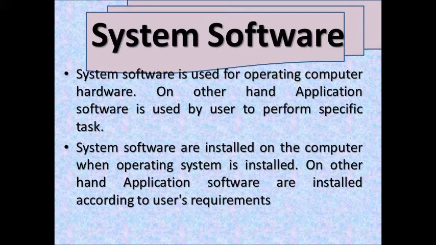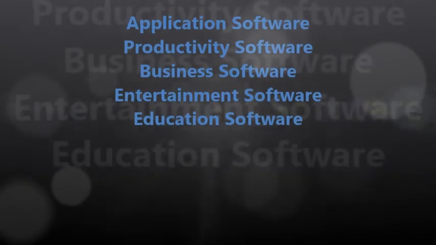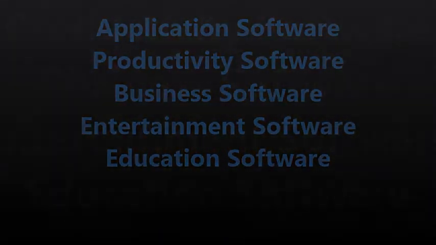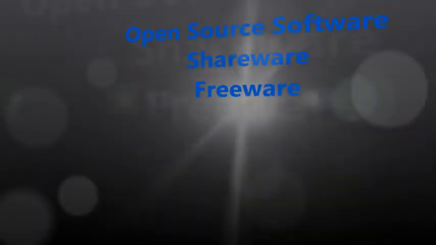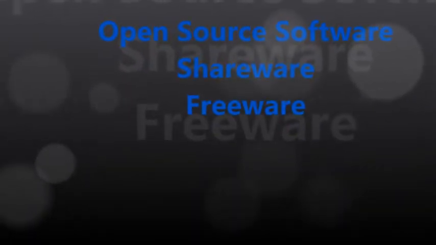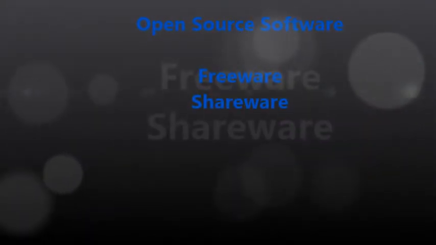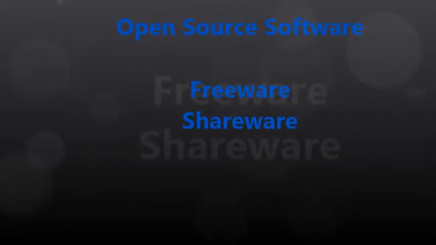So today we will get to know about the other type of computer software, that is application software and its types: productivity software, business software, entertainment software, education software. Furthermore, there is another topic related to software, that is open source software. In that we are going to learn about freeware and shareware.